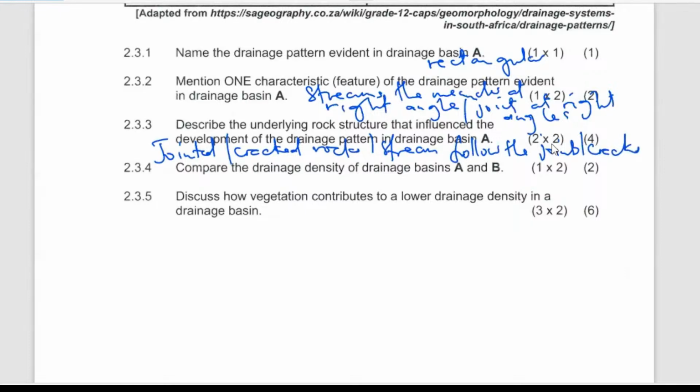To add to that, the underlying rocks are hard and resistant, but they are cracked or have joints, such that the streams which form on the surface follow those areas of weakness, and end up having a rectangular shape.